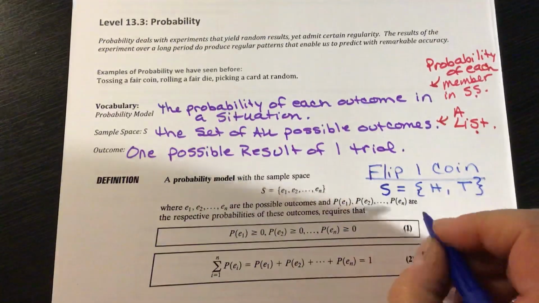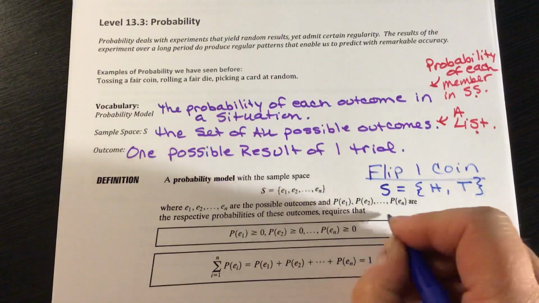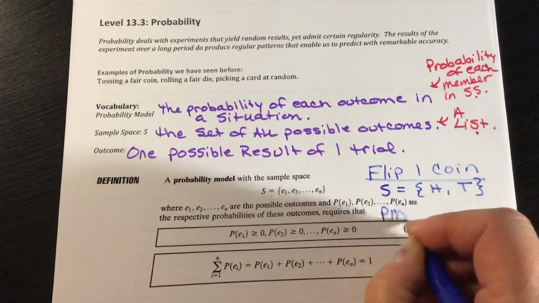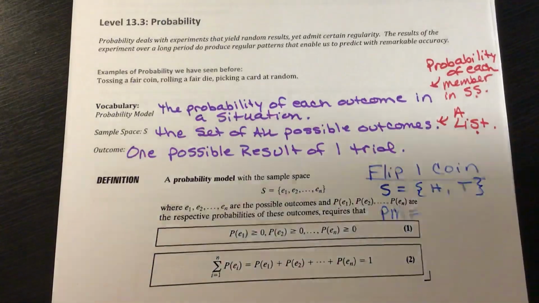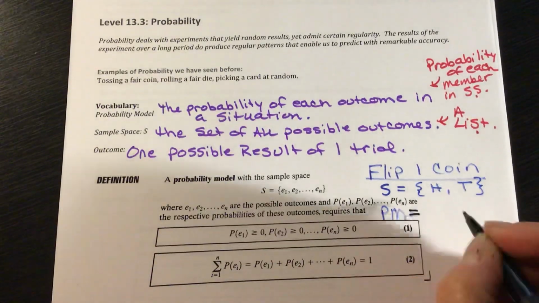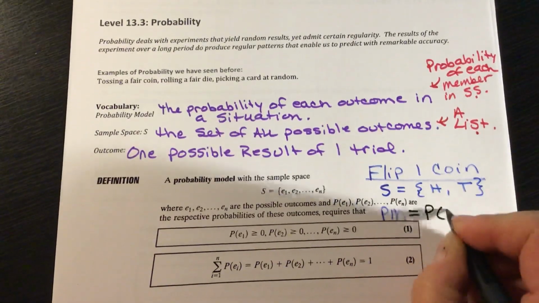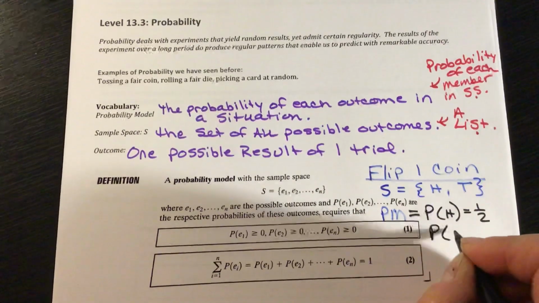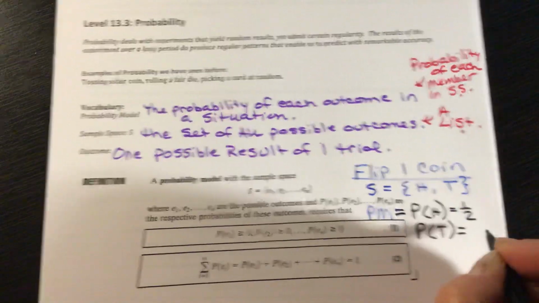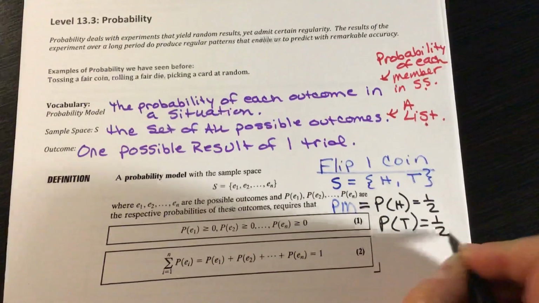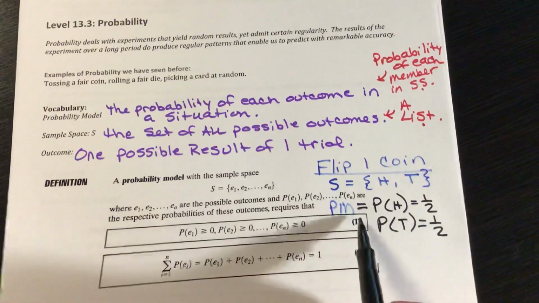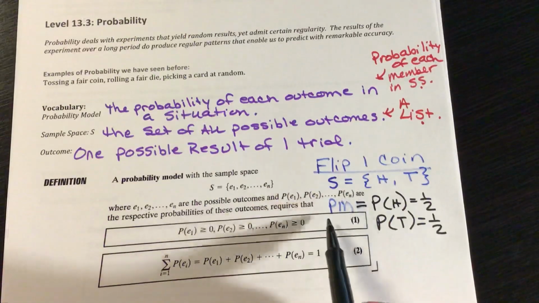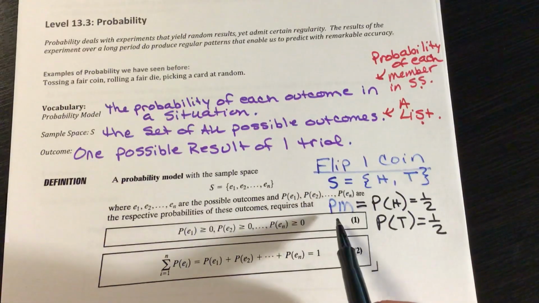My probability model is, the probability for heads is 1/2 and the probability for tails is 1/2. So that's the difference between what the sample space and the probability model is.